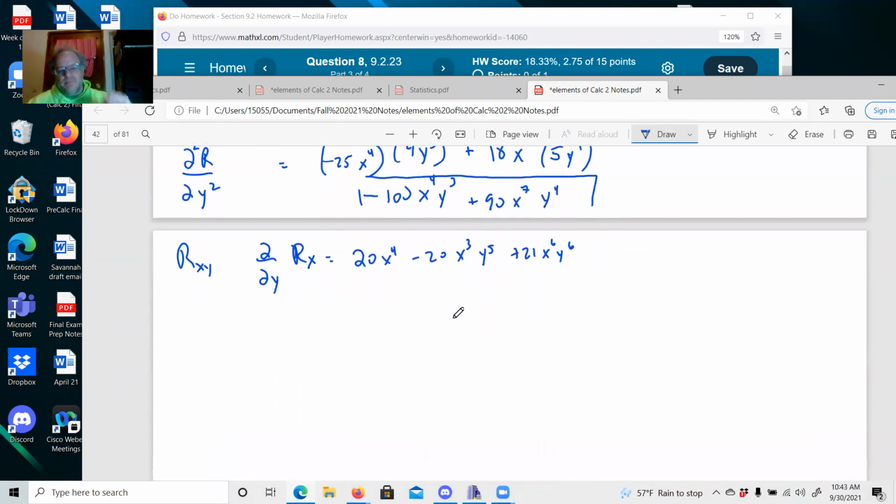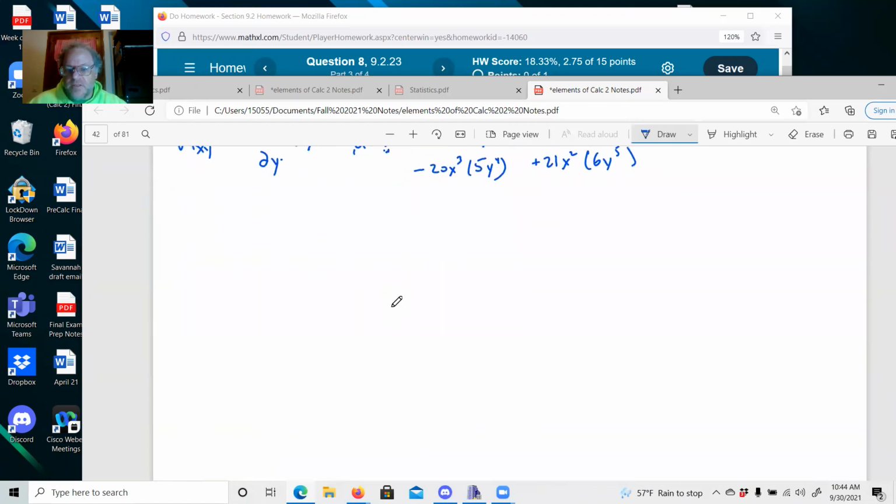We're going to take our derivative now with respect to y. Fortunately, this term only has x's in it, so we don't really care about this term anymore, because as far as y is concerned, the derivative of this is 0. So this is minus 20x cubed, take the derivative of y, 5y to the 4th, plus 21x to the 6th, take the derivative of y, that's 6y to the 5th.